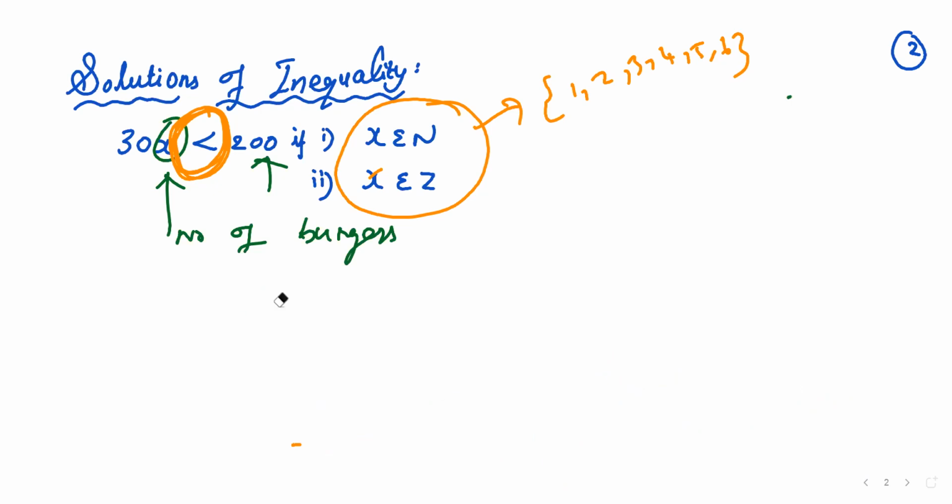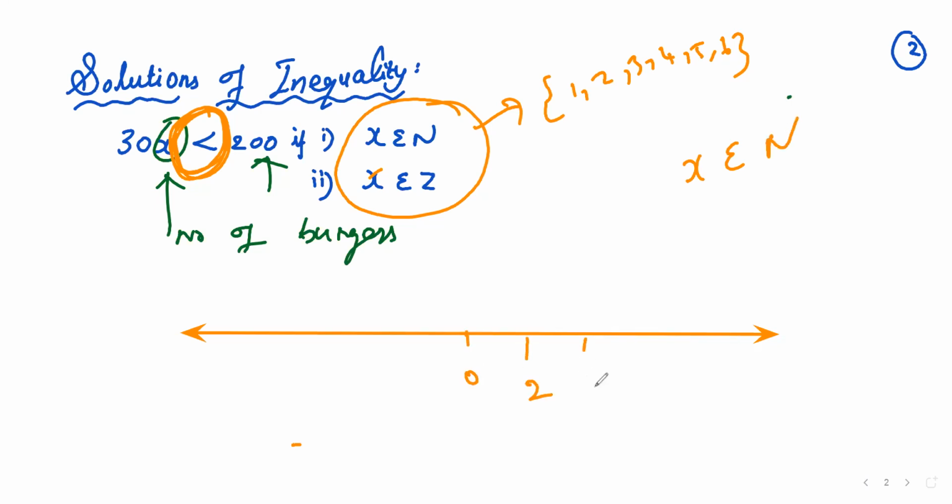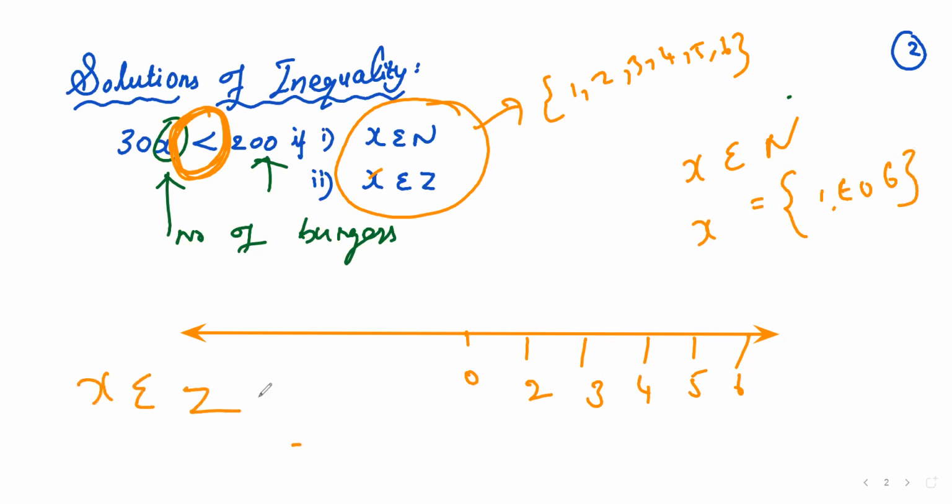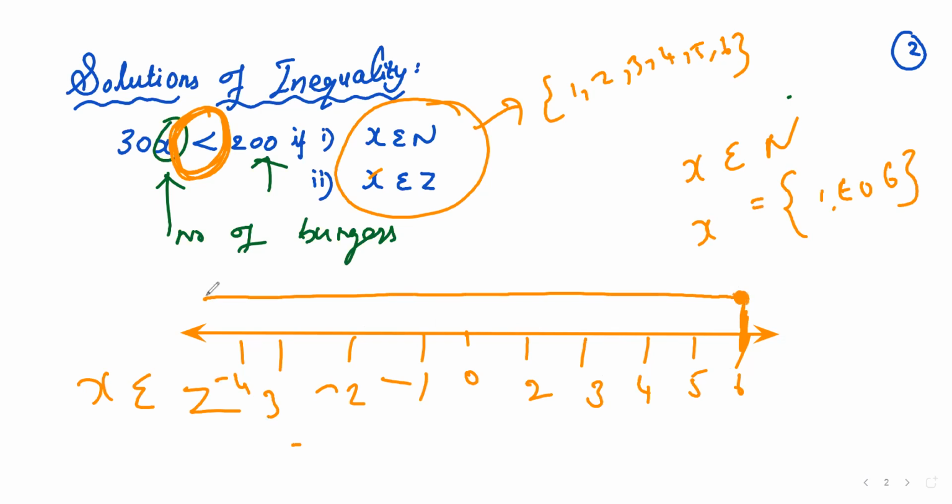If x belongs to natural numbers, your solution set contains 1 to 6. If your x belongs to integers, right? Till 6 you can buy, right? Till 6 you can buy. Understand?